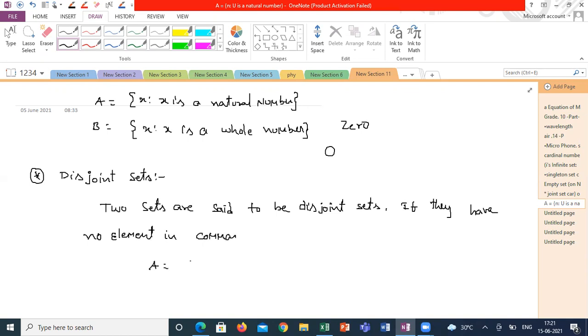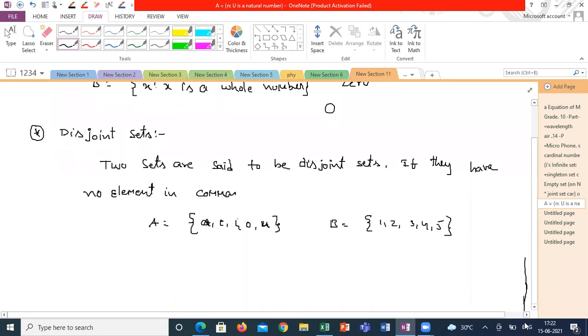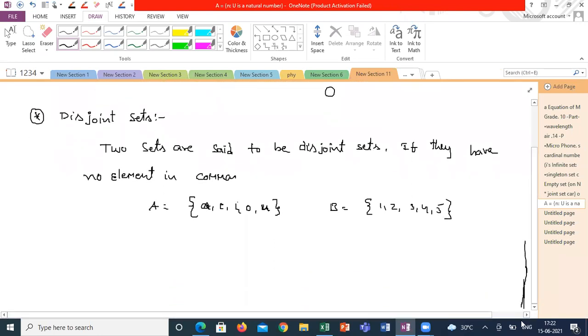Example: set A is a, e, i, o, u. Set B is 1, 2, 3, 4, 5. Is there any element common in both sets? No. In this case, these two sets are called disjoint sets.